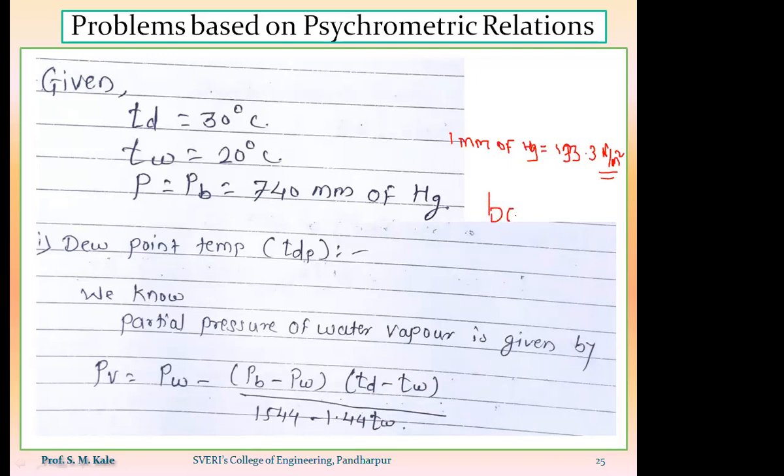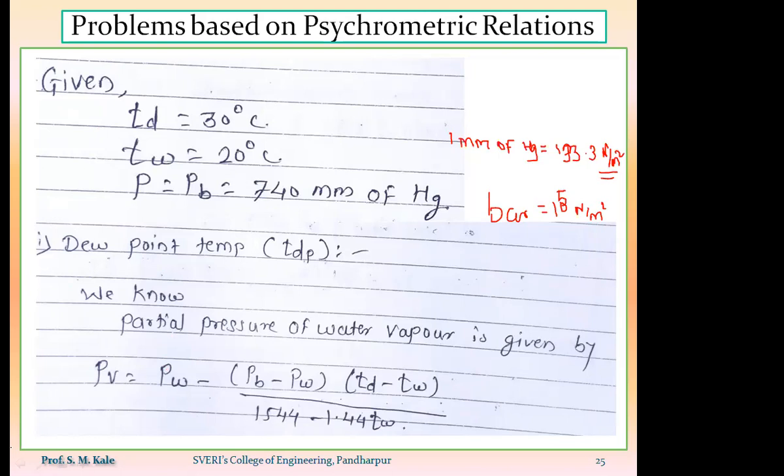So we know that 1 bar is equal to 10 raised to 5 Newton per meter square. So I need to convert that barometric pressure in terms of bar.